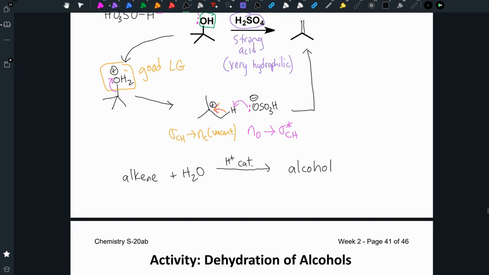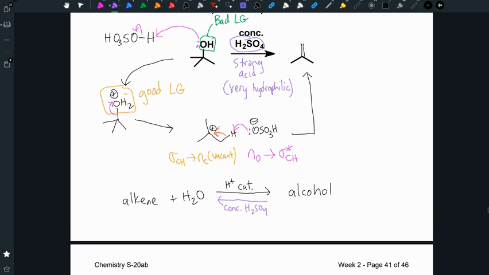Now what we're seeing is if I take the alcohol and I add concentrated H2SO4, I can make an alkene, and notice a byproduct of this reaction here is H2O.